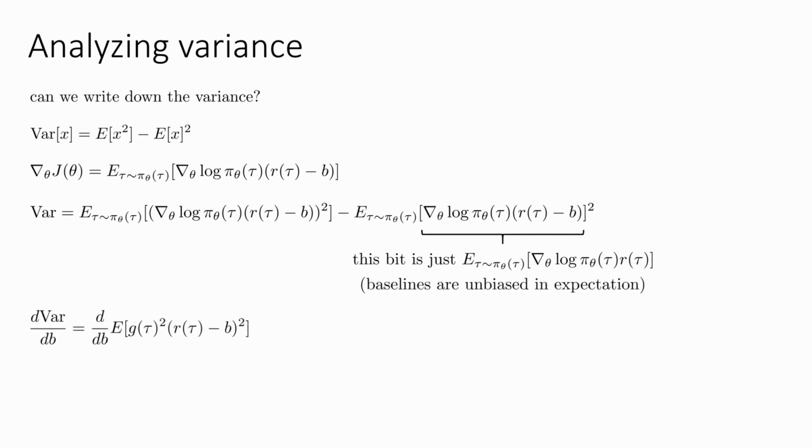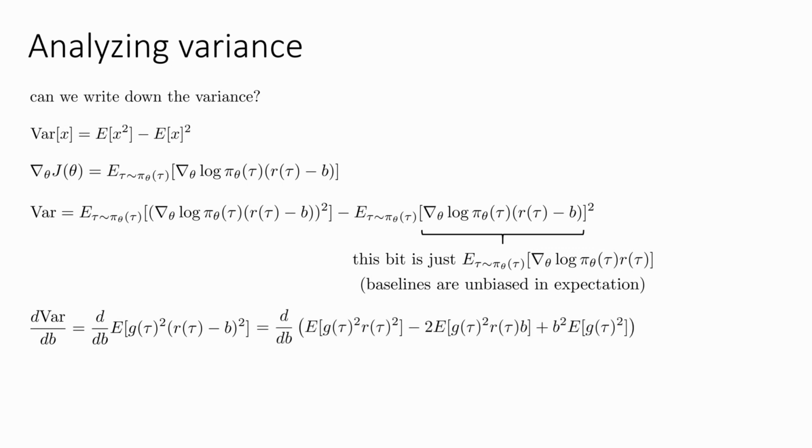I'm going to change my notation a little bit so that this is less cluttered. I'll use g of tau to denote grad theta log pi theta of tau. So when you see g of tau, that's just this bit up here, to make it shorter. And now I'm going to expand it. I'm going to take that square, distribute it inside, and then distribute the square inside this difference. And I'm going to be taking the derivative of this whole thing with respect to b.